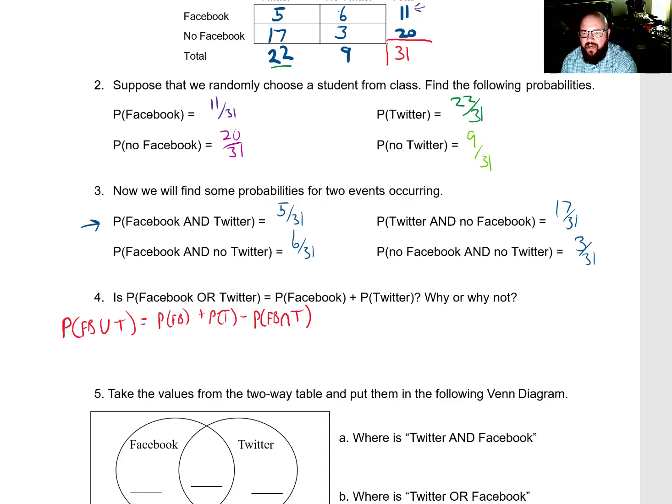So Facebook and Twitter. Now the reason why is because let's look at this. If we did the probability of Facebook, we got that up here, 11 over 31. And then we took the probability of getting Twitter, which was 22 over 31.